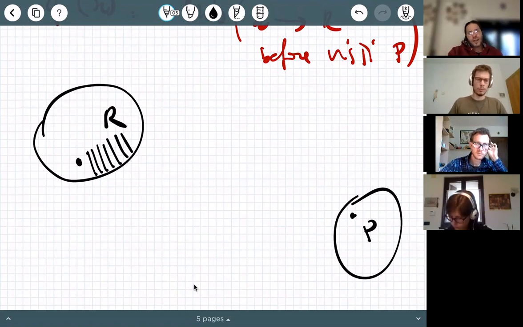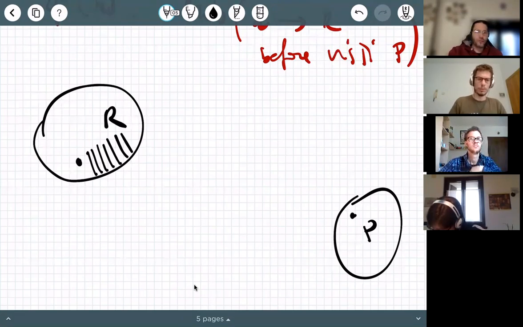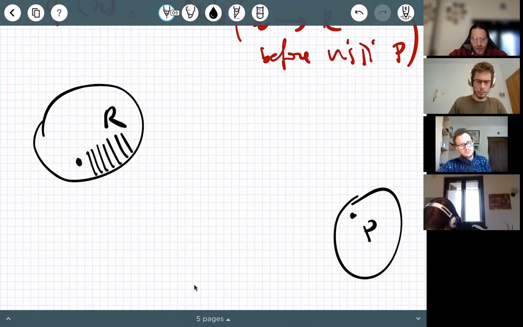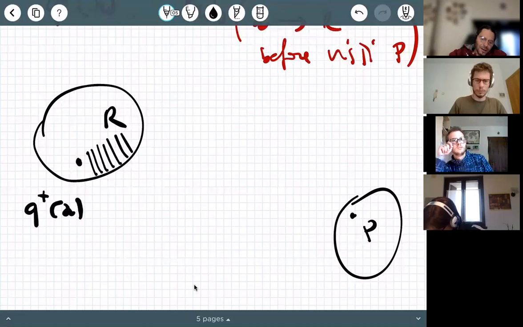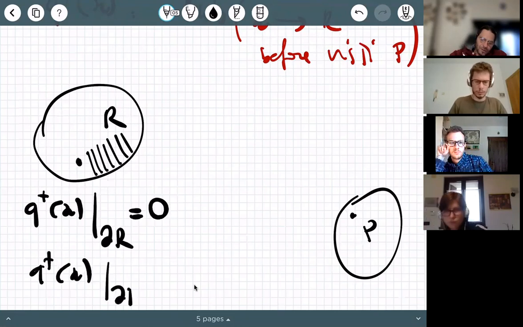From this point on, I will always consider the forward committor and occasionally tell you under certain circumstances how you can get the backward committor from the forward committor because they're trivially related. But before we go into that, let me just mention for a second only the forward committor. The first thing we understand is that q plus of x restricted to this is 0 and q plus of x restricted to the product is actually 1.